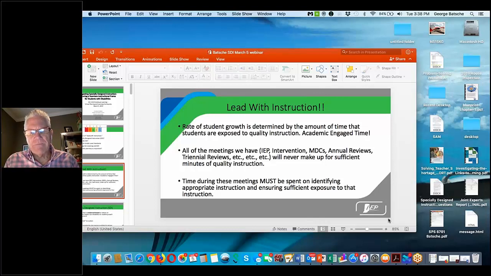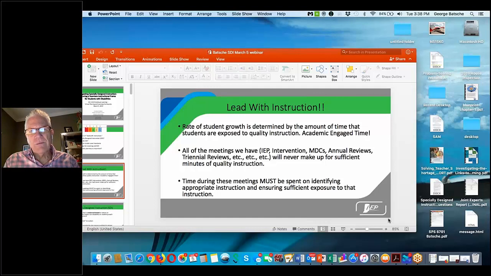Academic engaged time is the best predictor of student rate of growth, regardless of race, ethnicity, language, gender, abilities, challenges. It doesn't matter. The more time that a student is engaged in high quality instruction, the faster they'll grow.